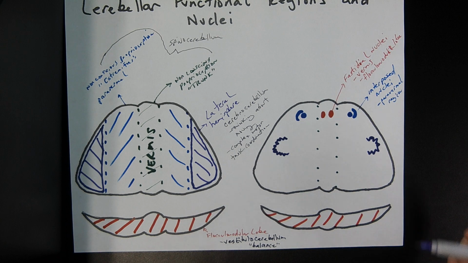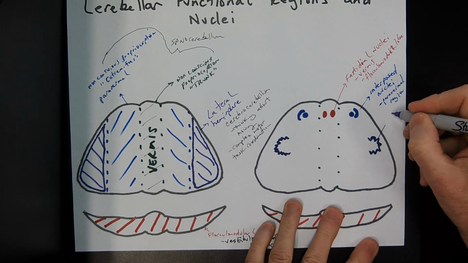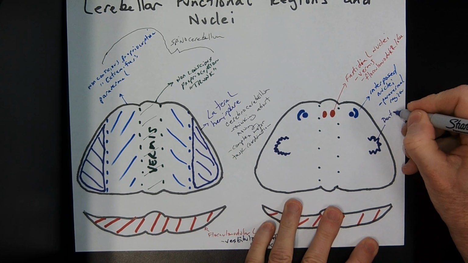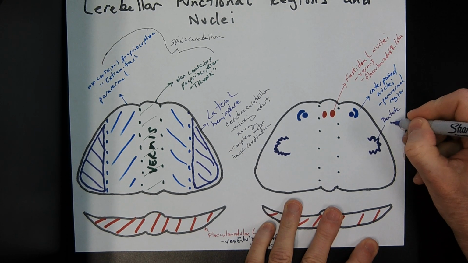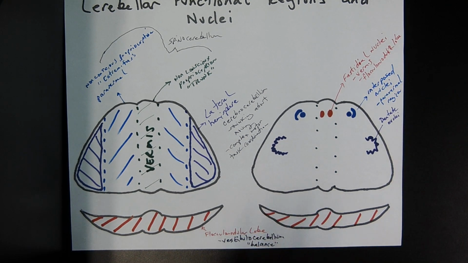And it's easy to remember because it's called dentate, D-E-N-T-A-T-E. Dentate nuclei. Dentate or teeth.